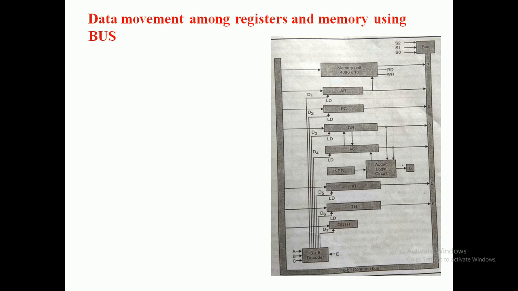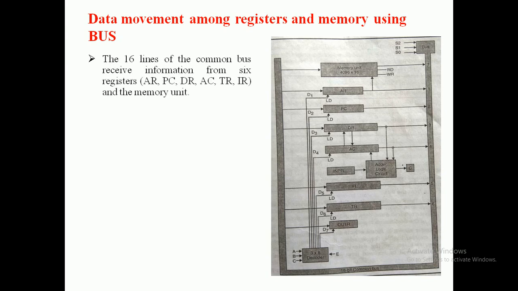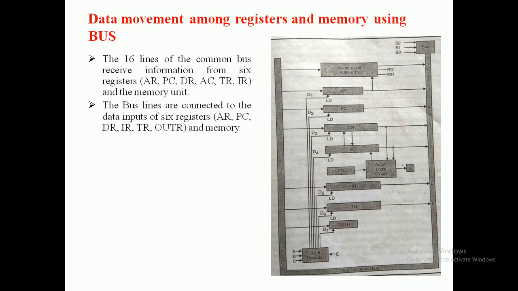Next is the data movement among registers and memory using the bus. We are using this bus for transferring the content of memory or various registers onto the bus or into the registers. We are using two kinds of data lines, data input lines and data output lines.